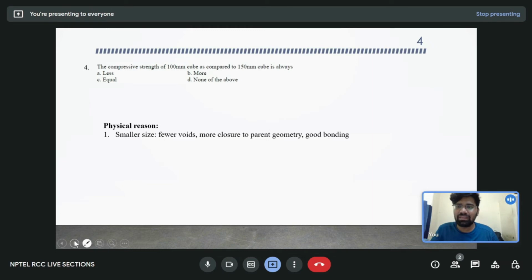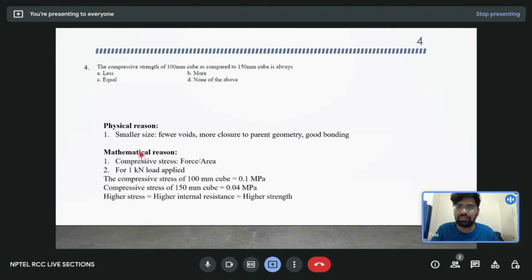The other reason is mathematical. We know that compressive stress is force by area. Let's take the force as 1 kilonewton. When we calculate the compressive strength for 100 cube, it comes out to be 0.1 MPa, whereas for 150 cube, it comes out to be 0.04 MPa. So it can be seen that 100 cube has higher compressive strength as compared to the 150 cube.